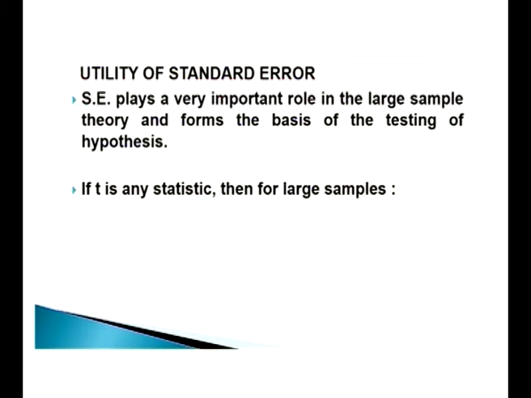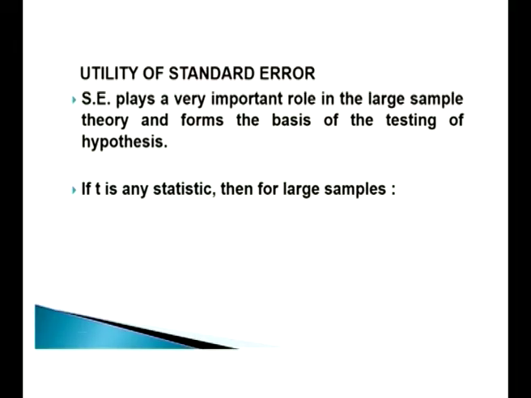hypotheses. As I already told you, all the statistics will be converted to the standard normal distribution Z, and for that normalization, standard error plays a very important role by giving its structure in the denominator. If T is any statistic, then for any large samples, Z is equal to T minus E of T divided by root of variance of T, and this follows a standard normal distribution 0, 1.